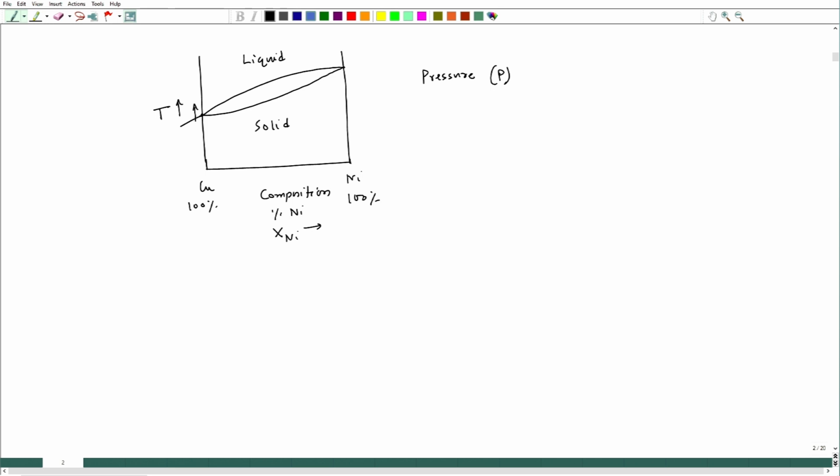So, I can put this point as Tm copper and this one as Tm nickel, that means the melting point of copper as well as the melting point of nickel, and in between I have such a lens-shaped diagram.